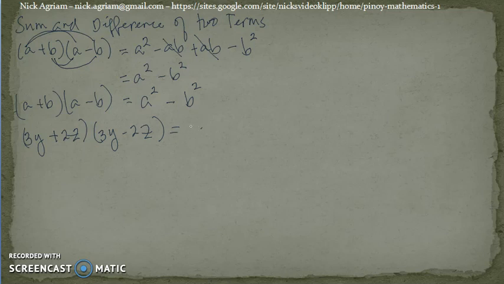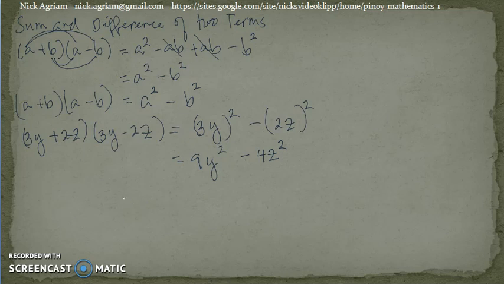So we have, according to the pattern, the square of the first term, 3y squared, minus the square of the last term, 2z squared. So we have 9y squared minus 4z squared.